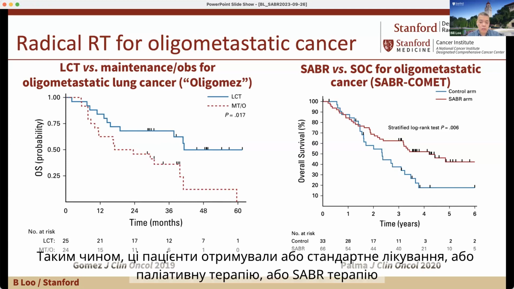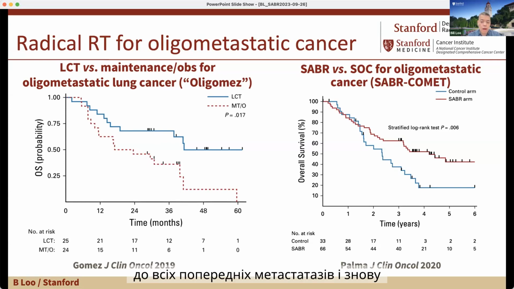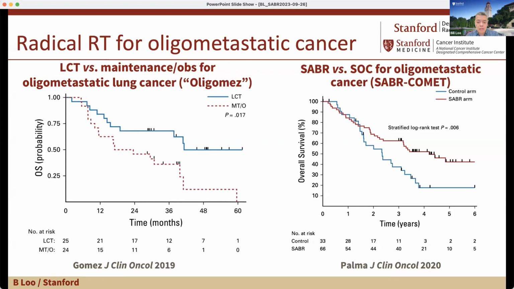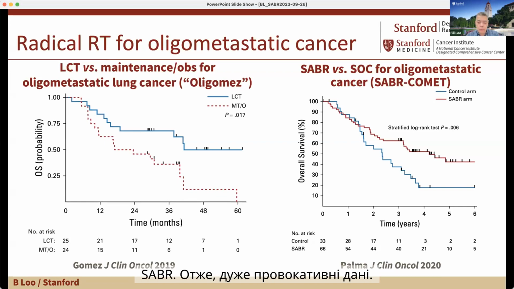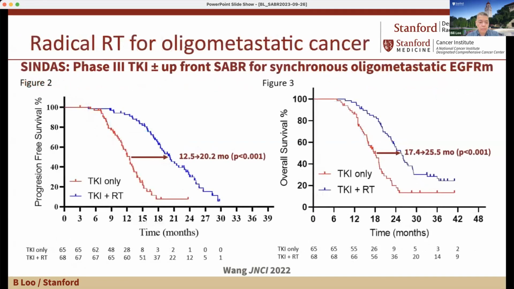These patients were treated either with just standard of care palliative therapy or SABR to all of the oligometastatic sites. And again, the SABR-COMET approach showed an overall survival advantage to SABR. So very provocative data.